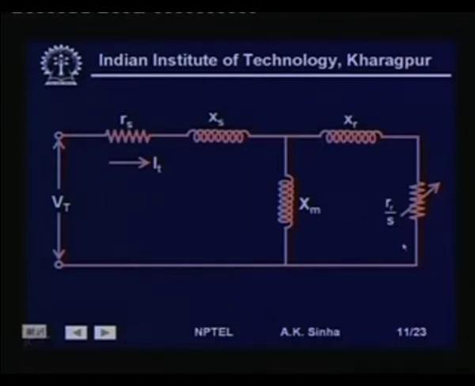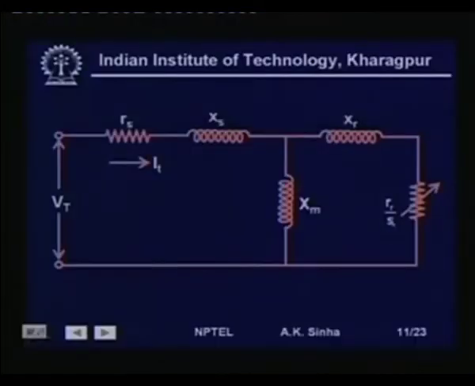As the rotor picks up speed, the value of S will keep on reducing, and that means R r by S will keep on increasing, because S equal to 1 is standstill, and as the rotor starts rotating S becomes less than 1, and it keeps on reducing till it reaches very near the synchronous speed.